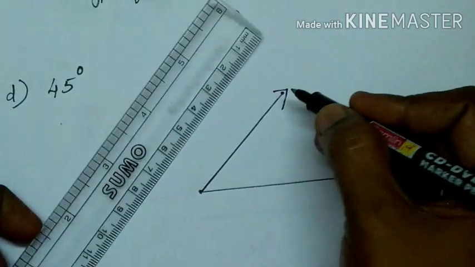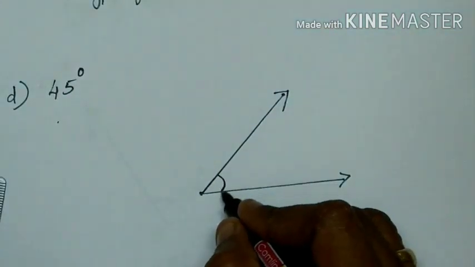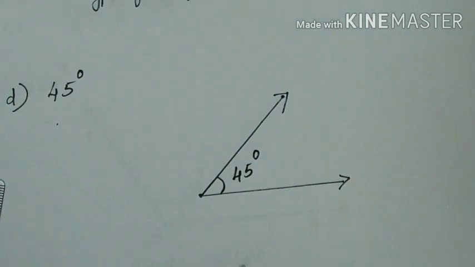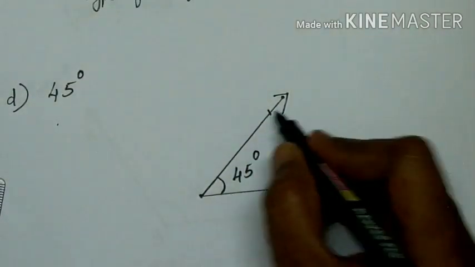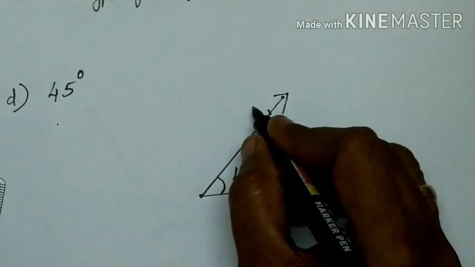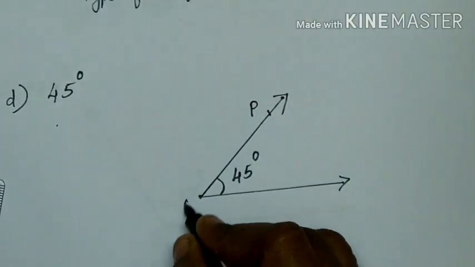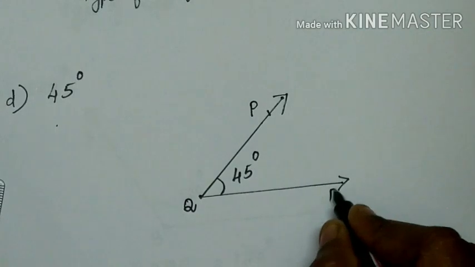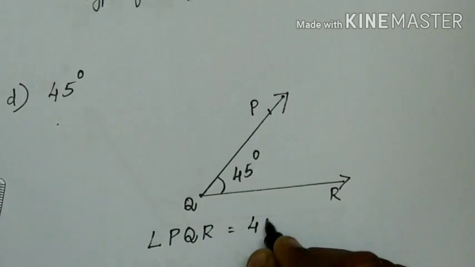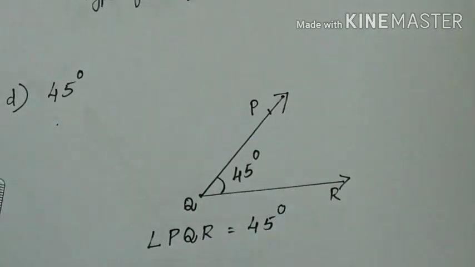Put the arrow mark and then write the measurement. This is 45 degree. So writing the names, P, Q, R. Angle PQR is equal to 45 degree.